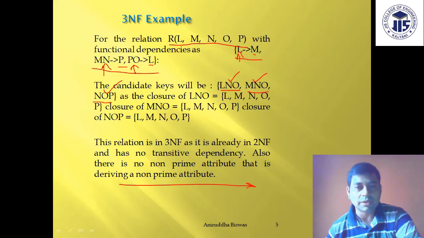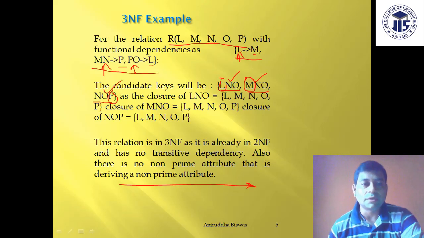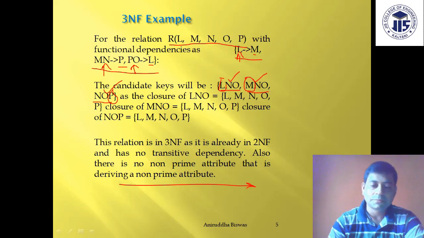So here we have L, here we have M in the candidate key list, and as well as P. So all these attributes are a part of the candidate key. So the two prerequisites that are important for satisfying a relation as 3NF are holding. So this example says that this relation R, whatever functional dependencies it has, is in 3NF.